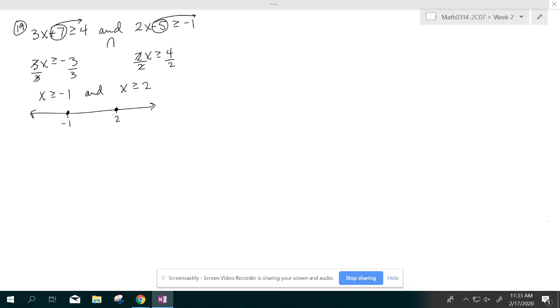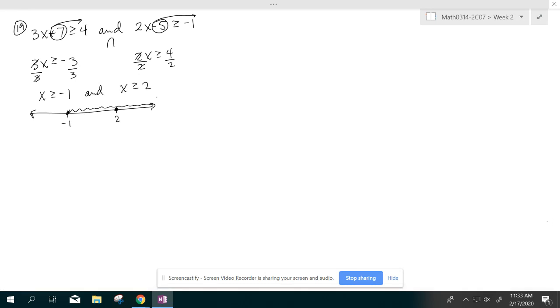And then after I get those points nailed down, then I need to shade left or right. So from -1, we're going to shade the way the arrow points as long as the letter's on the left, okay? So from -1, we're going to shade to the right. And do you see that it shades all the way off the end of the number line?